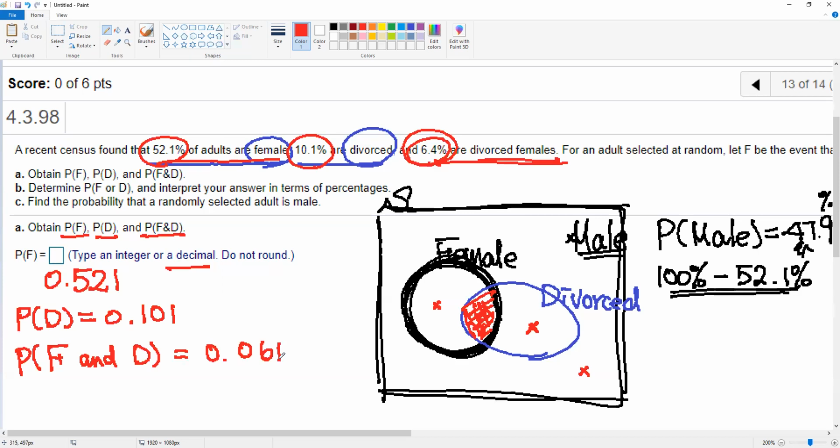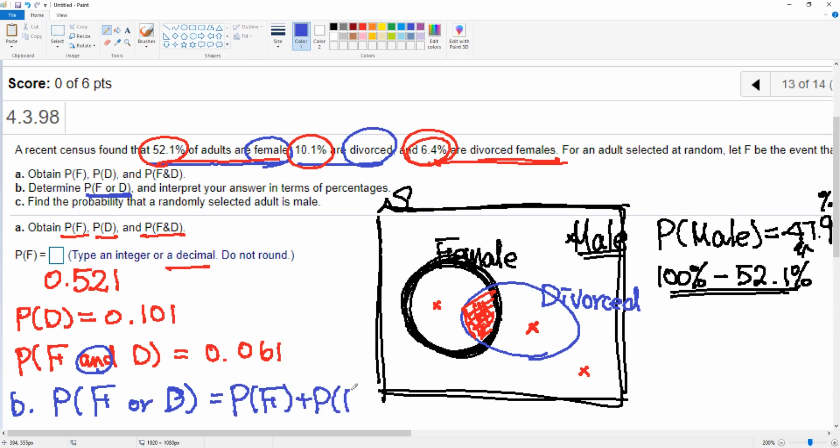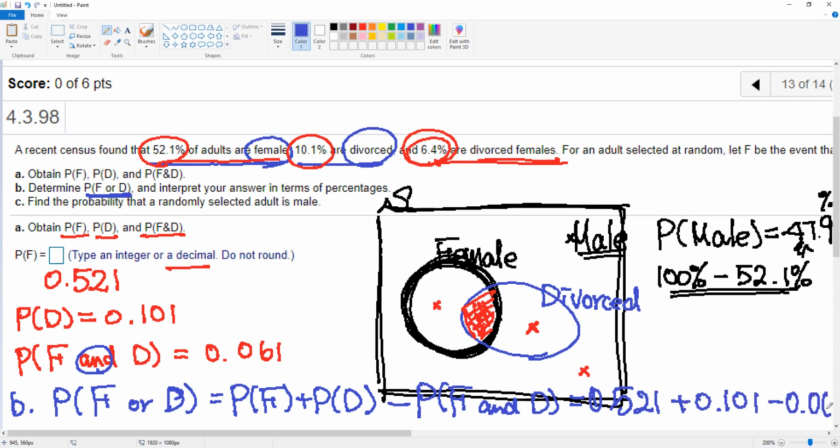And now in part B, it's an OR. In part B, we need a probability. It's not AND, but OR. And now we can apply the general addition rule, which is the probability of F plus the probability of D, we add separately, and then subtract the middle, F and D. They were all given: 0.521 plus 0.101 minus 0.061.